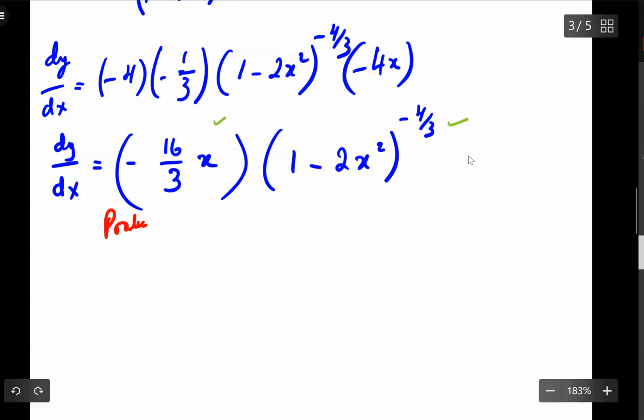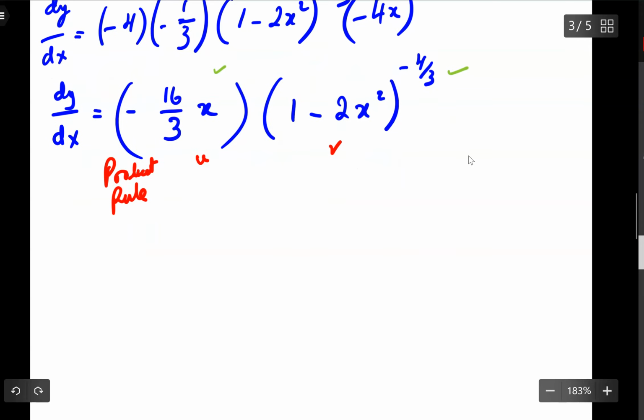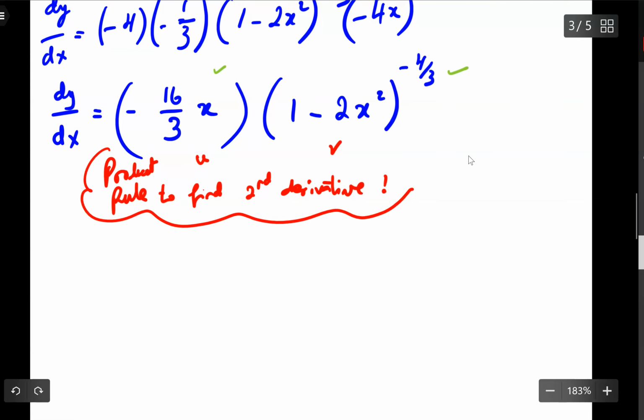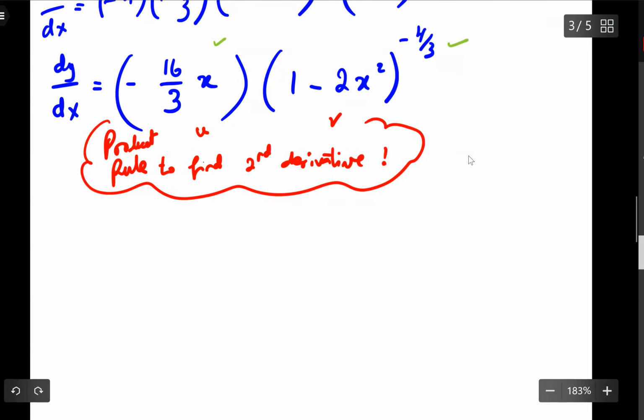So in this case, the product rule, it's u and v. Okay, so then product rule to find the second derivative. I need to make sure that I write it down to remind everyone. So you need to apply the product rule in this case.